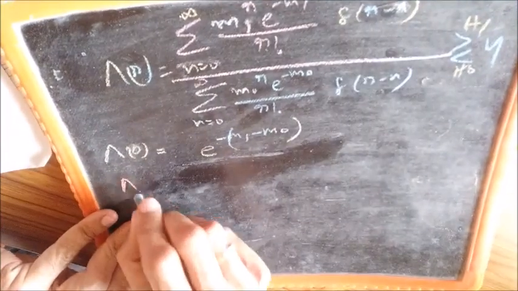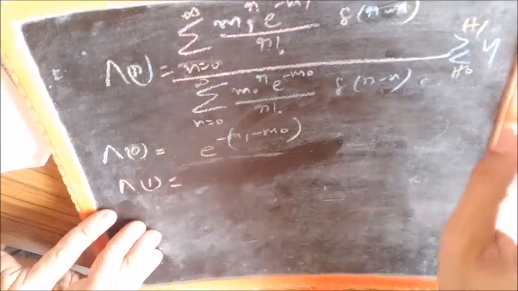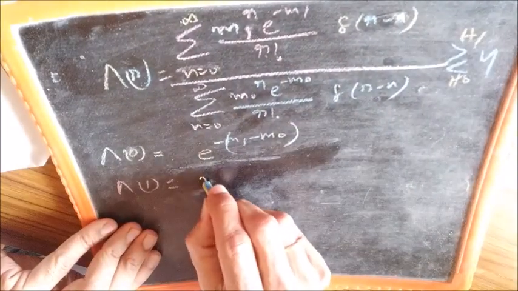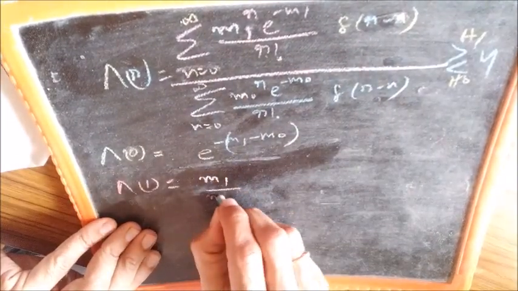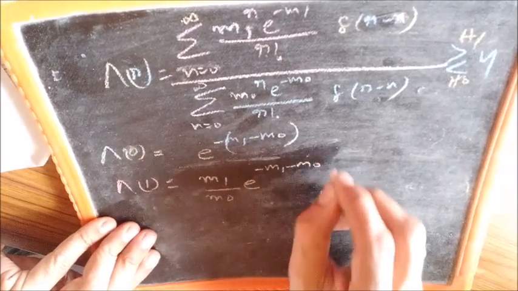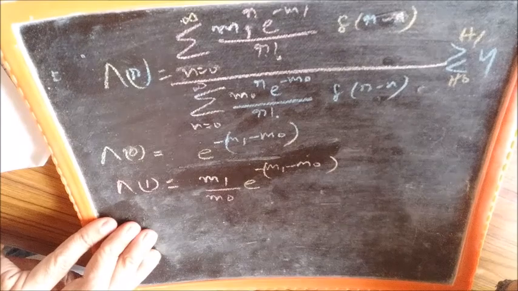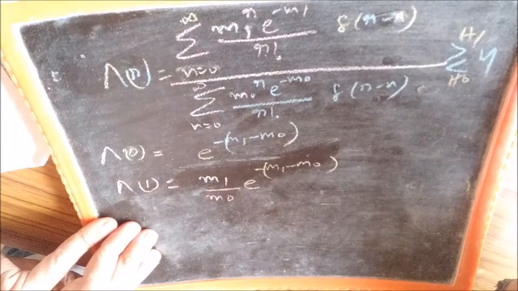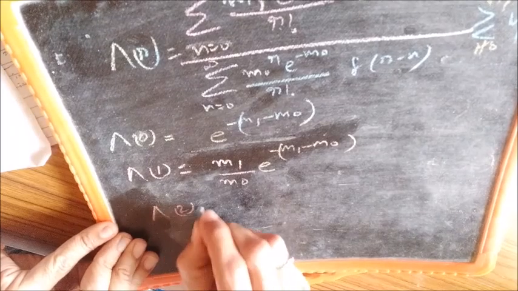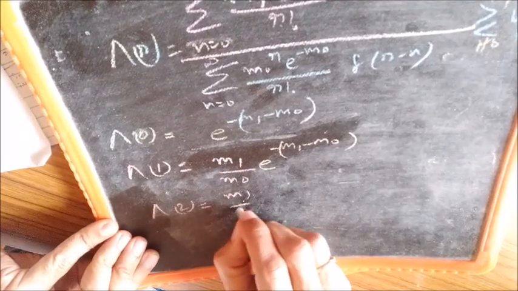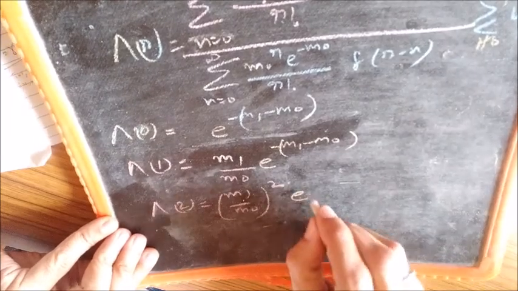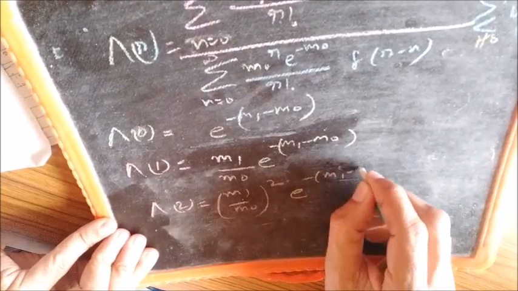And similarly, what is the likelihood ratio for R1? When you see, you will get m1 by m0 e raised to minus m1 minus m0. And similarly, one more for 2, it will be m1 by m0 to the power 2 e raised to minus m1 minus m0.